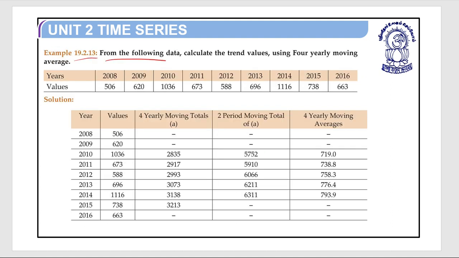Next example: from the following data, calculate the trend values using 4-yearly moving averages. Years and values are given, 2008 to 2016.